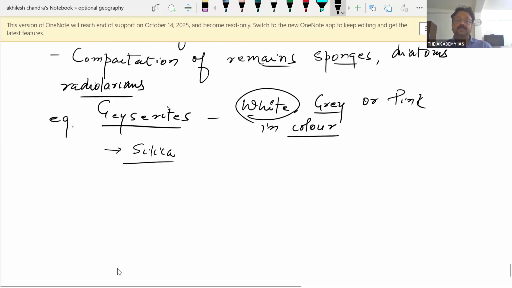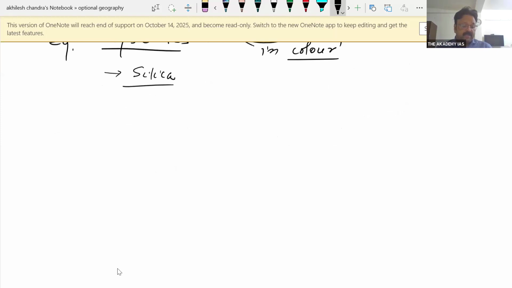Who is the transporting agent? In that we have argillaceous. I had told you already. Argillaceous sedimentary rock in the process of erosion. I keep saying igneous by mistake; if I say igneous, please understand it as sedimentary.